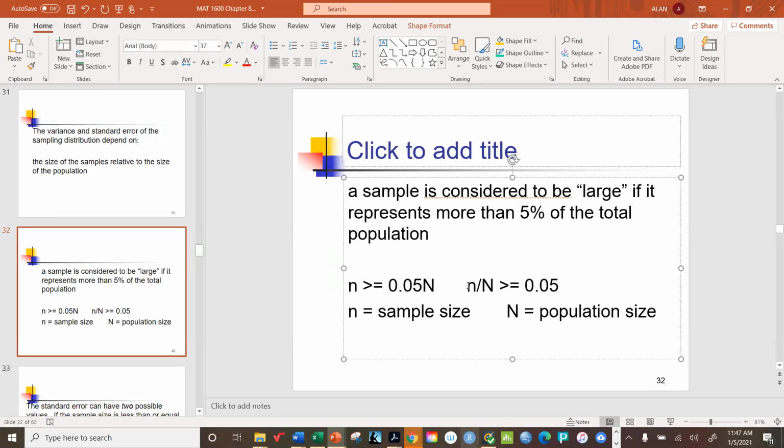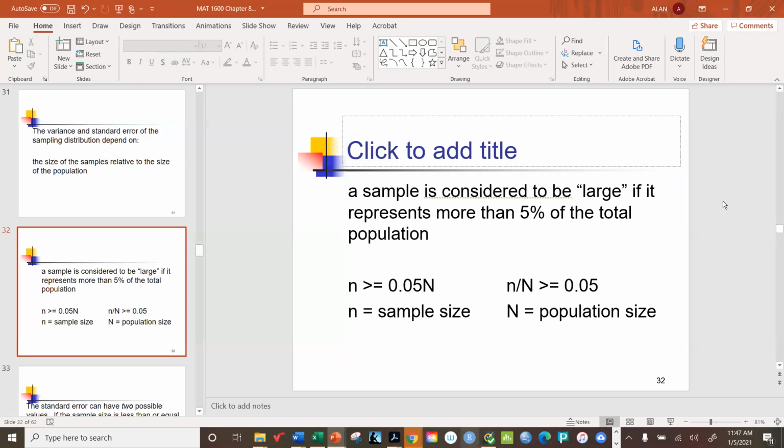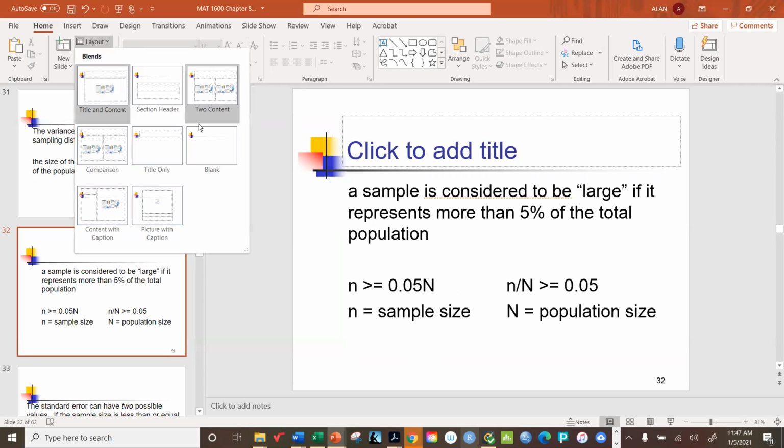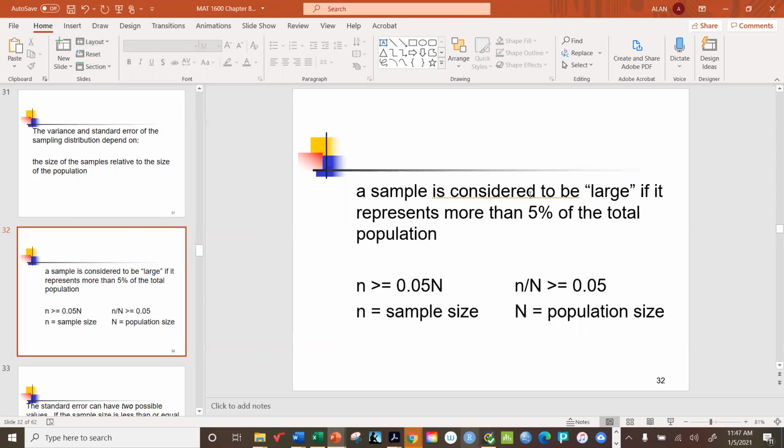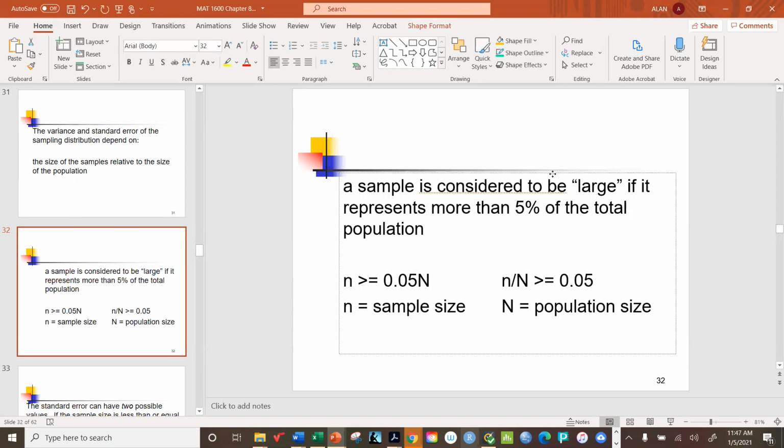If the sample size is more than 5% of the total population, that qualifies as what we will call a large sample. So you can probably guess what's coming next.